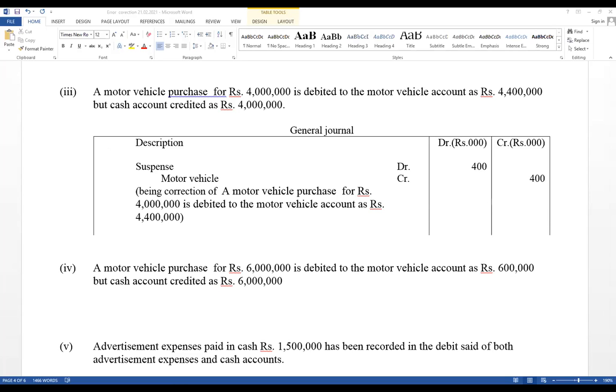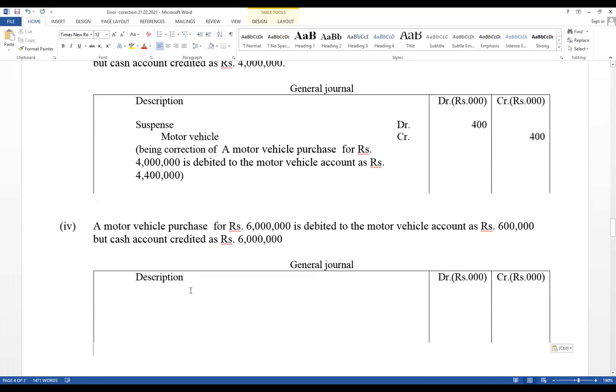Therefore, write the double entry. Motor vehicle account debit, difference value 5,400, and suspense account credit 5,400.